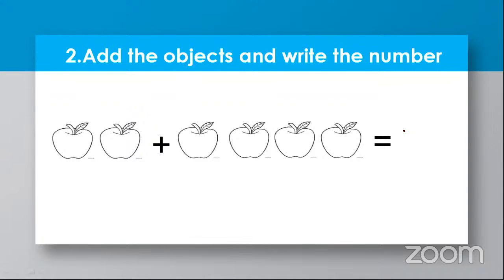I can see some 2 hands up. Yes. Please, we can't see the apples. Can you clearly show them? The apples are there. Are you using a phone? Yes. They're not clear.